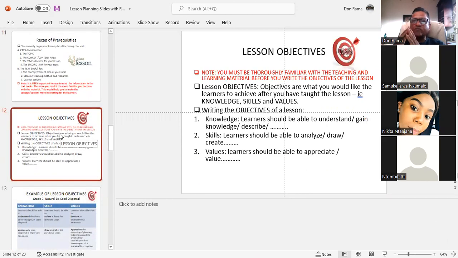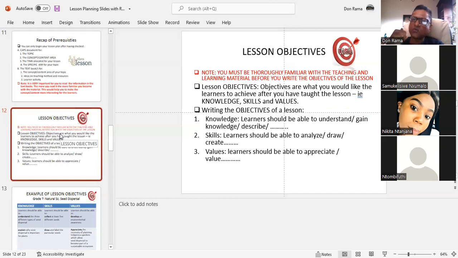The next part of our lesson is the lesson objectives, right? Before you write your lesson objectives, you must be familiar with your teaching and learning material. Simply what this means: before you teach your lesson, you yourself as a teacher, you must learn the lesson.